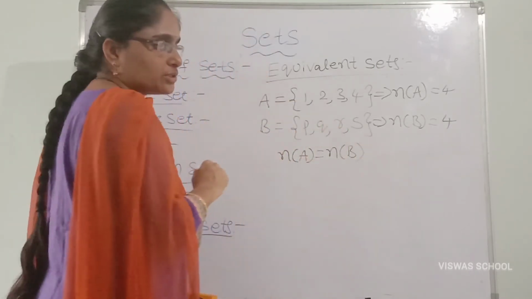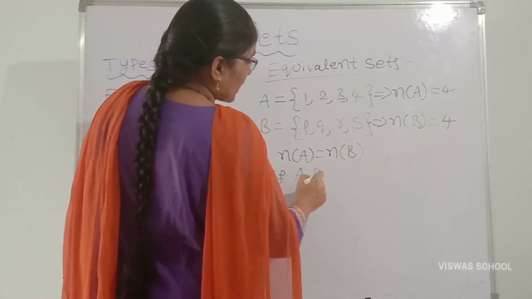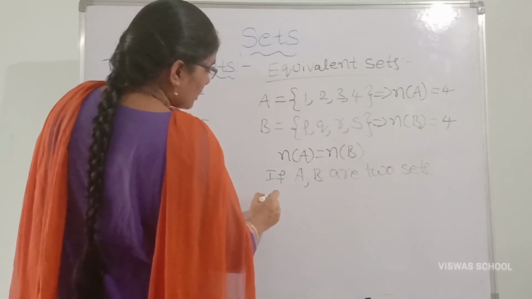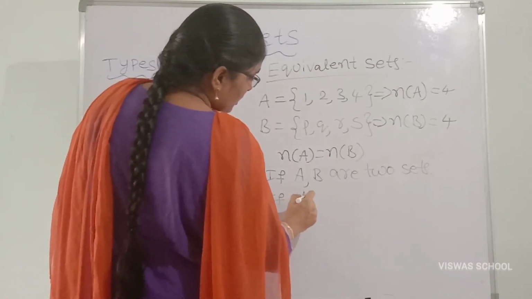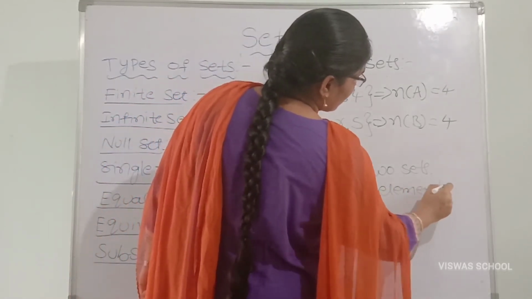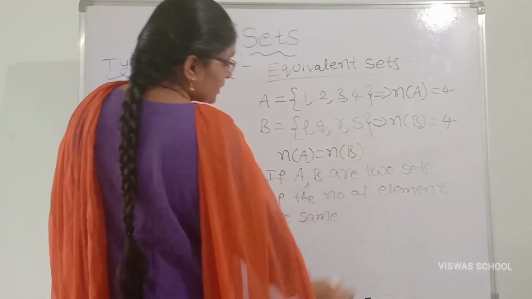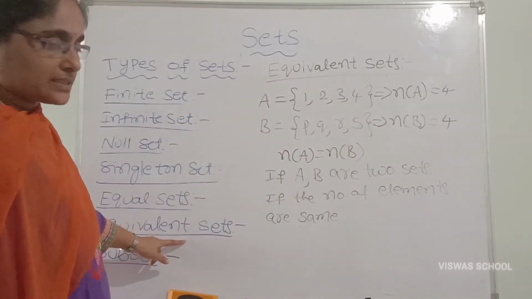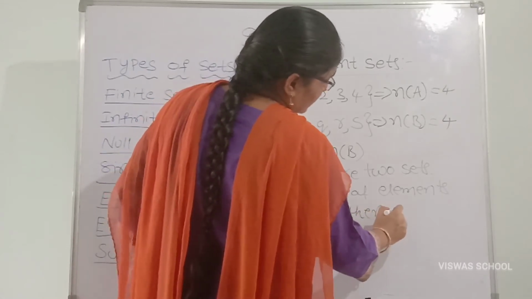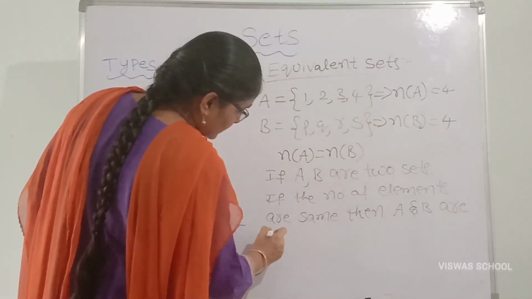That is N of A equals N of B. If A and B are two sets, and if the number of elements are same, then we say that A and B are equivalent sets.